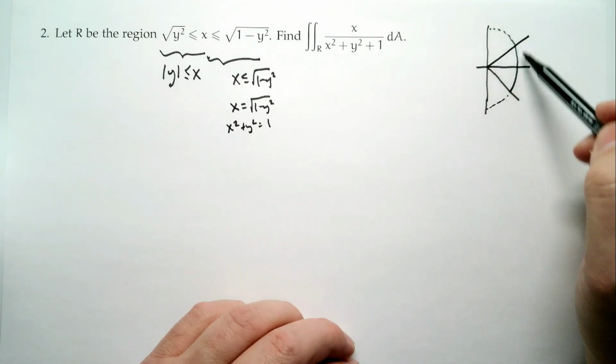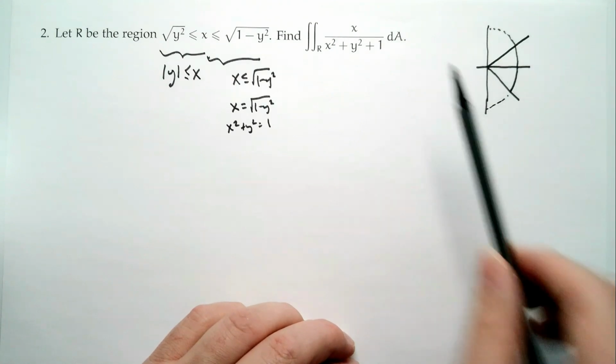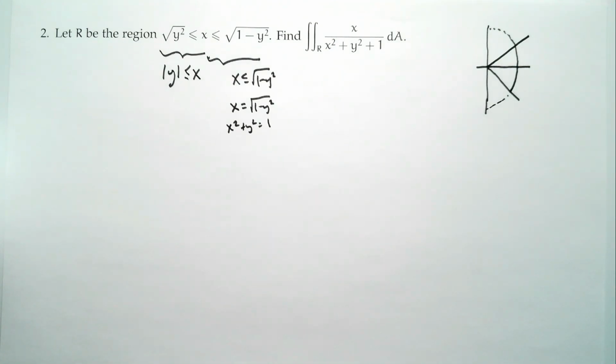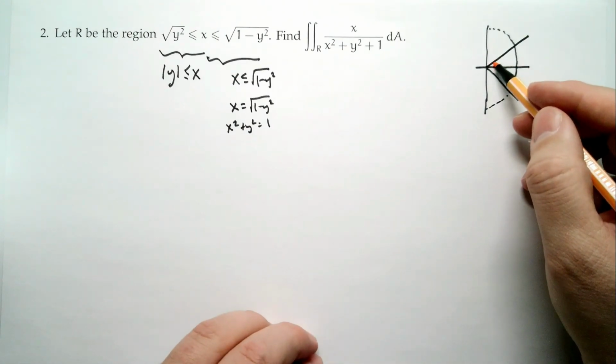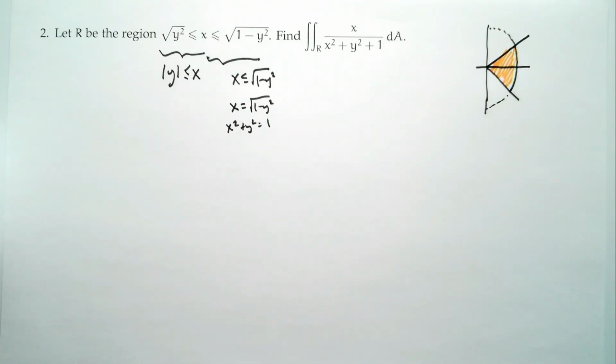So this is the curve x equals the square root of 1 minus y squared, and we want to be to the left of that. So our region is the region as follows. It's this piece here. All right, so there's our region that we have.